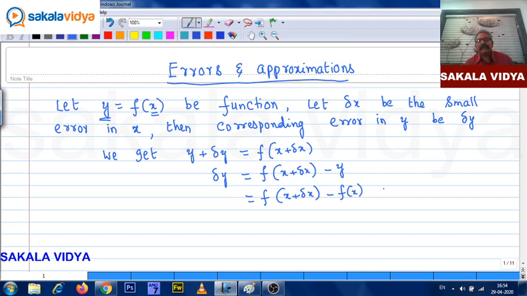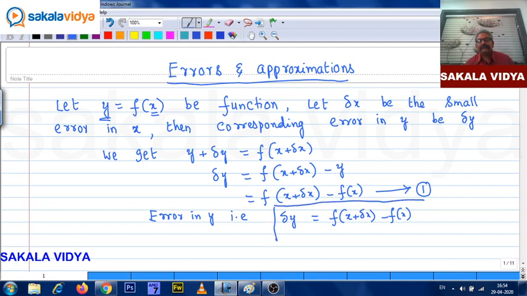This is the formula to find the absolute error or error in y. So error in y, that is delta y, equals f of x plus delta x minus f of x. You remember, this is one formula.